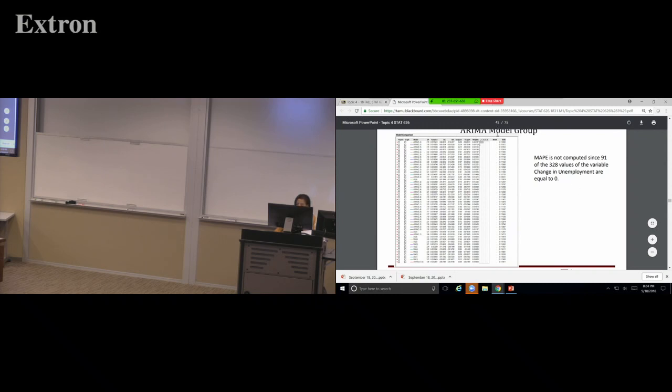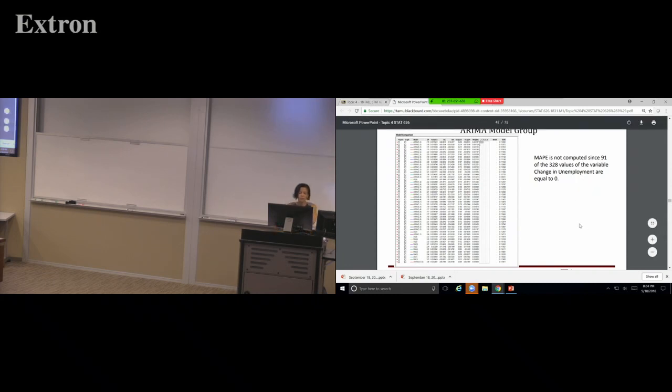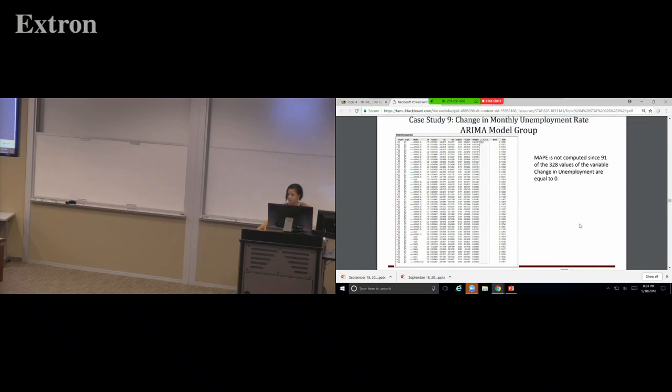Just a side note, you might be wondering why there's a completely empty column here for MAPE. If you recognize, there's 91 of the values have a value of 0, and so the division for the MAPE doesn't work properly.